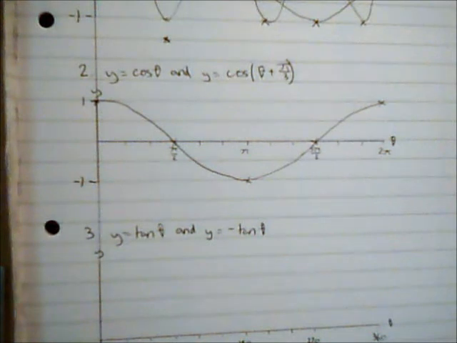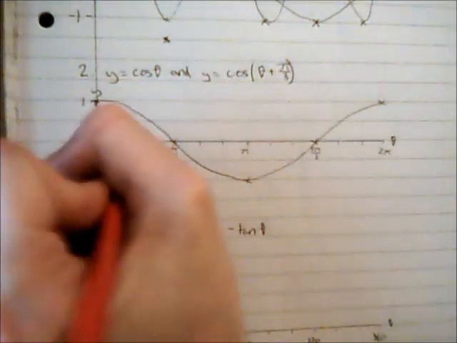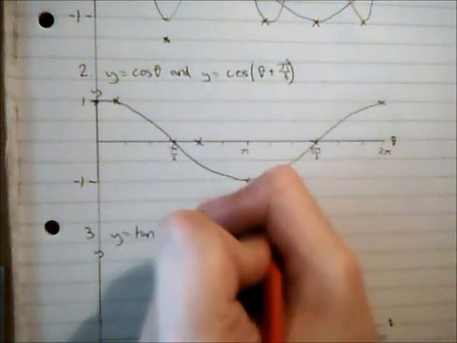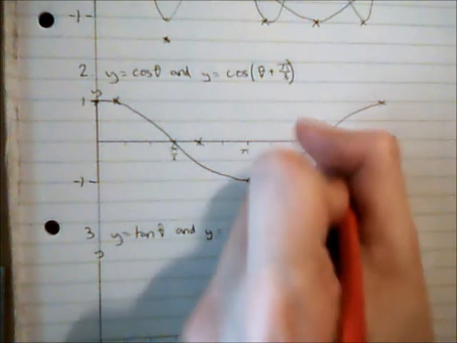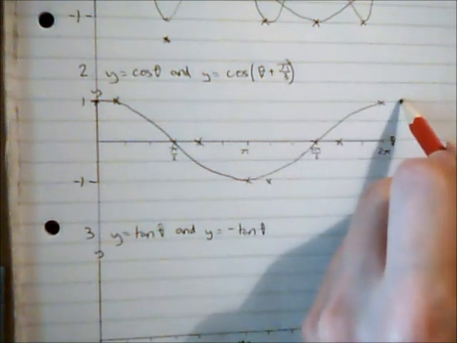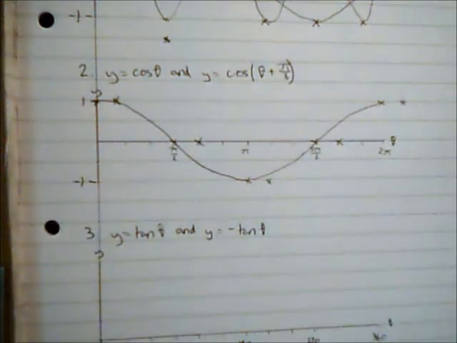So what will cosine of theta plus pi by 3 do? Well, this is a translation, and it translates pi by 3 to the left. So I'm just going to mark on where the key points have moved to. And this key point, I'm going to mark on here, even though it's out of the range.